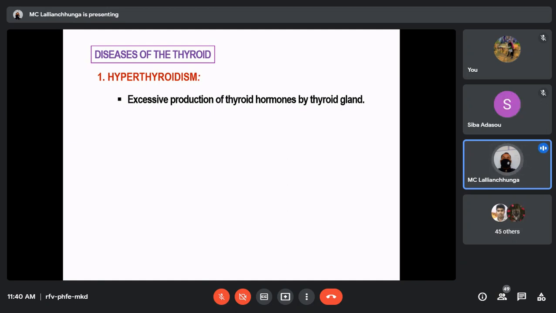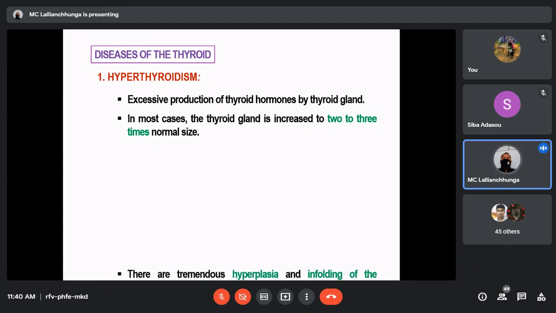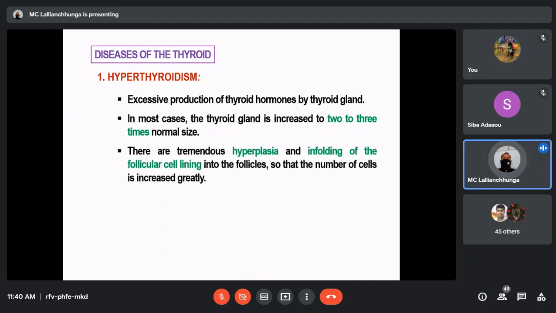That is hyperthyroidism. In most cases, the thyroid gland is increased to 2 to 3 times normal size. Usually when there is hyperthyroidism, there will be an increase in the size of the thyroid gland. There is tremendous hyperplasia, which I've already told you.